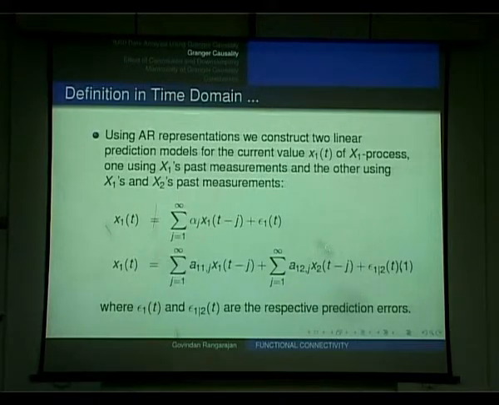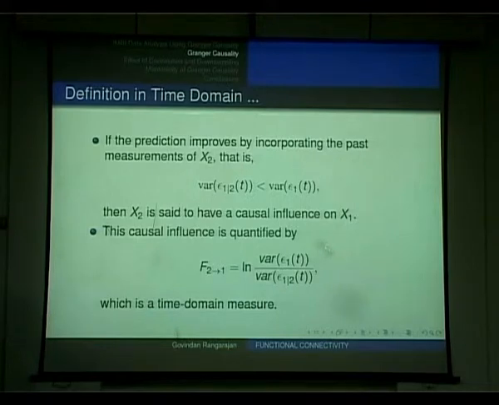That is quantified by looking at the size of these errors. If x2 helps in predicting x1, obviously the size of this error is going to be smaller than the size of this error, because the prediction is better. That is what Granger causality essentially does. So you quantify it in this manner.